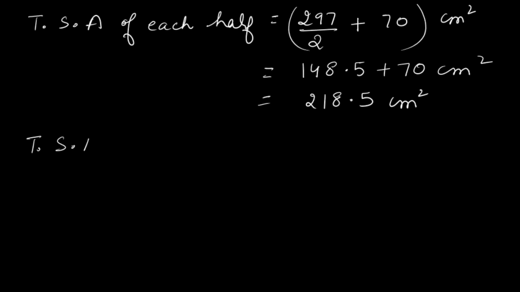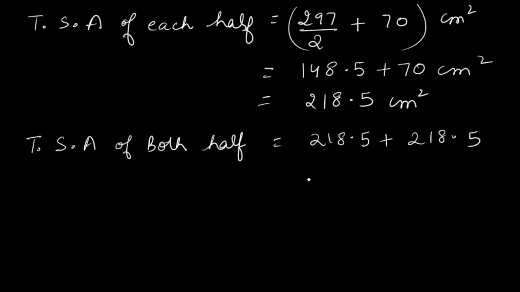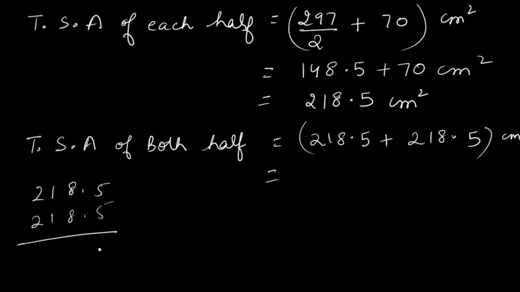Total surface area of both halves. So this is 218.5 plus 218.5. So 218 when we add, what we will get? You can add it, I want you to tell the answers. So 16 plus 1, 17. So 3, 437.